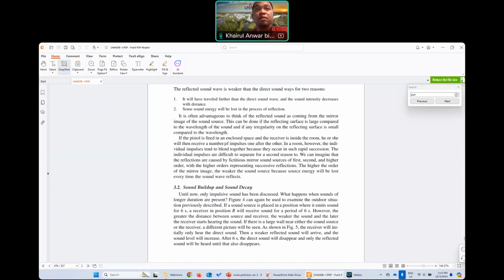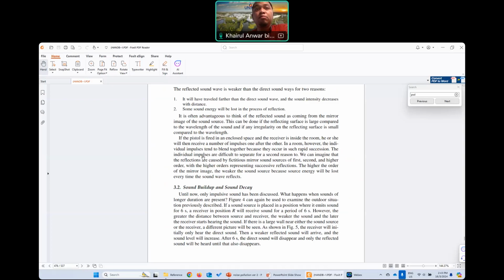If the pistol is in an enclosed space and the receiver is inside the room, he or she will then receive a number of reflections one after the other. In a room, however, the individual reflections tend to blend together because they occur in such rapid succession.